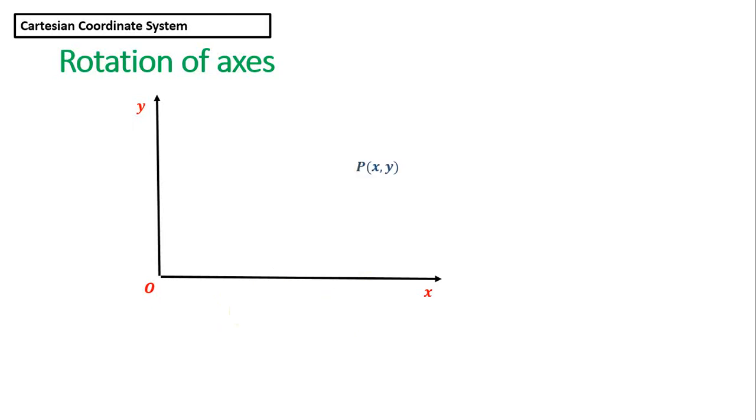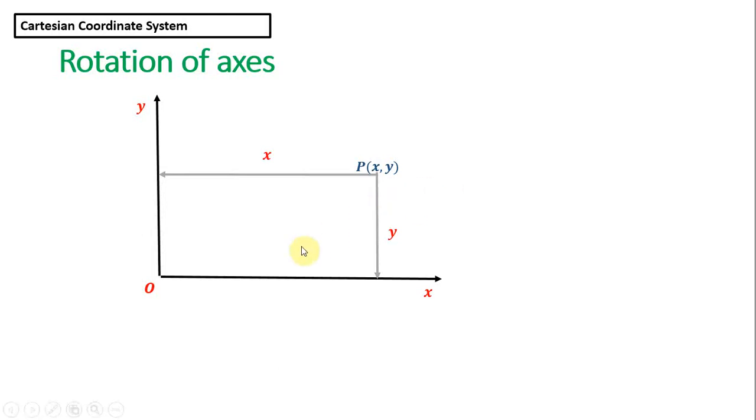Now let's take a point P and assign coordinates x, y to that point, which might denote its position with respect to this frame of reference. Here x means a line parallel to the x-axis, which is perpendicular to the y-axis, and this gives us the x coordinate of point P. Similarly, we can draw a line from point P to the x-axis, parallel to the y-axis, and this gives us the y coordinate of point P.